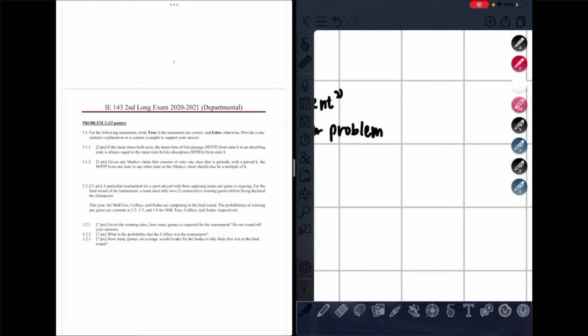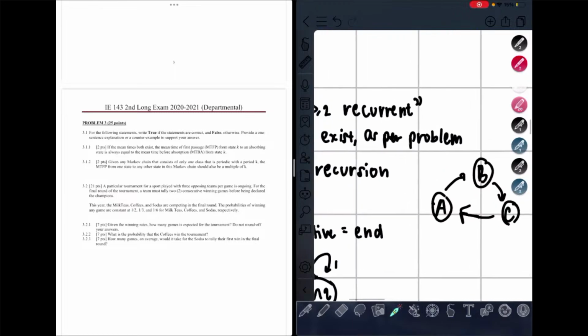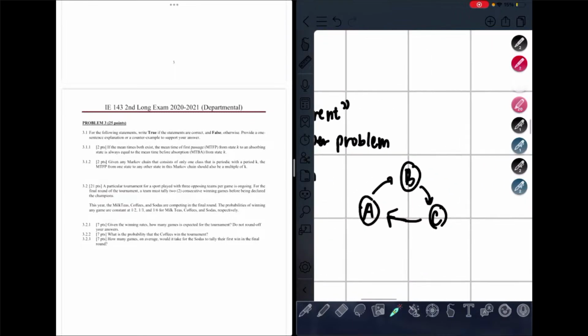Let's say if you have A, B, C, a very simple Markov chain, and we know this has a period of 3, right? Because it's like 1, 2, 3, and then the same is true for B and C. So this only tells us that the time it takes to go from A to A again is 3.